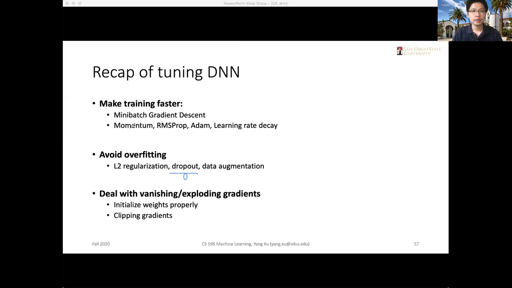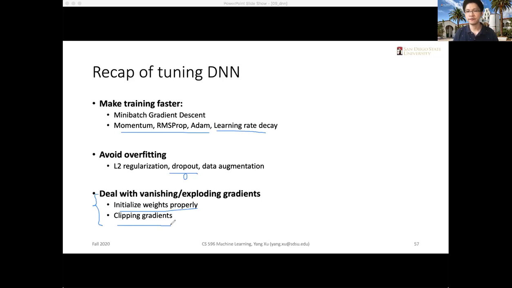And for momentum, RMSprop, Adam, and learning rate decay, they basically deal with the training, making the training process faster, how to make the cost function converge to the minimum points in a faster way. And for weight initialization or gradient clipping, they also deal with the training process, but they are not for finding the correct gradients or the proper directions of gradients.